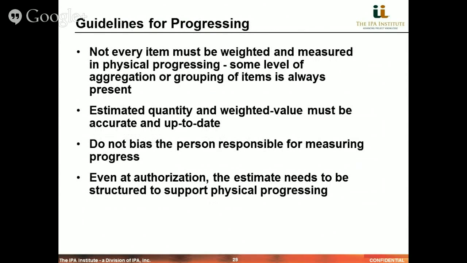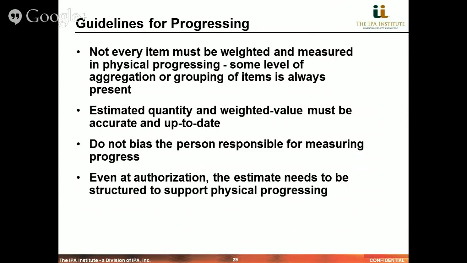Now, certainly not every item must be weighted and measured in physical progress. In a major capital project, you can certainly have some level of aggregation or groups of some items as a way to reduce the paperwork and tracking cost.